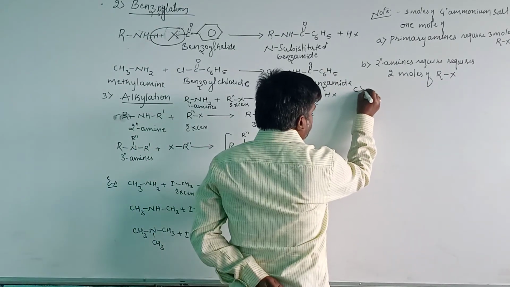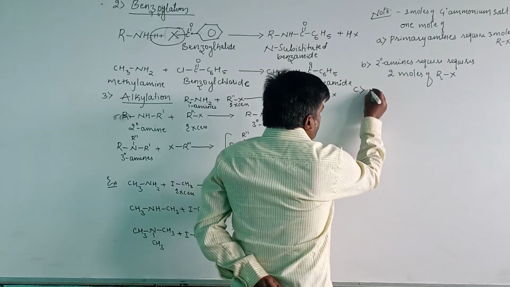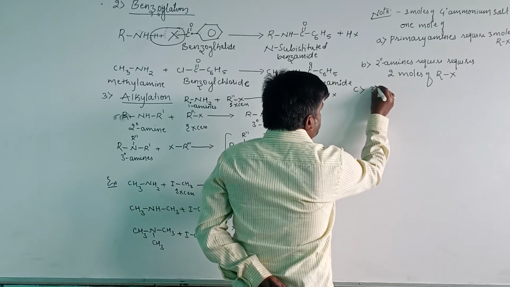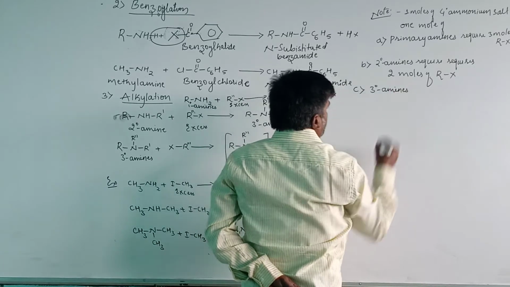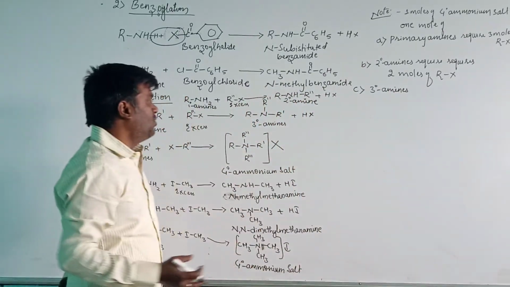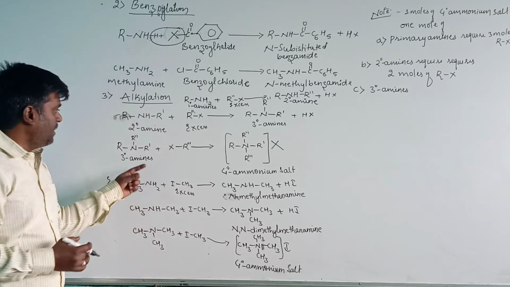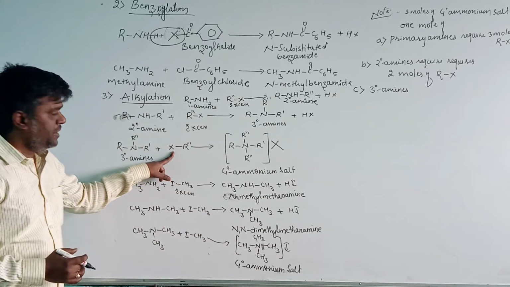Then note C: to prepare the quaternary ammonium salt from 1 mole of tertiary amine, it requires only 1 alkyl halide.